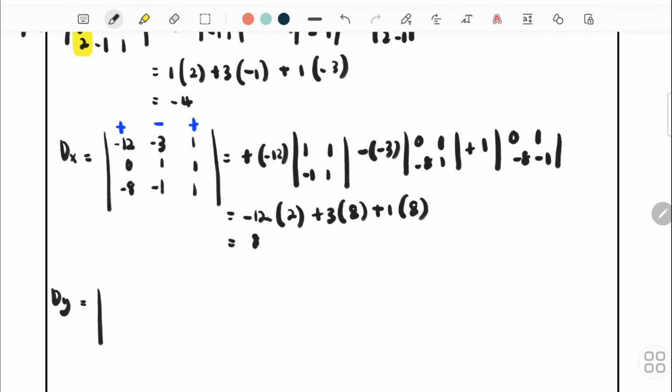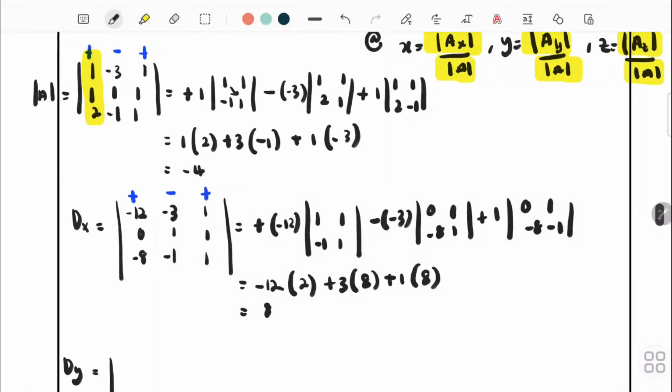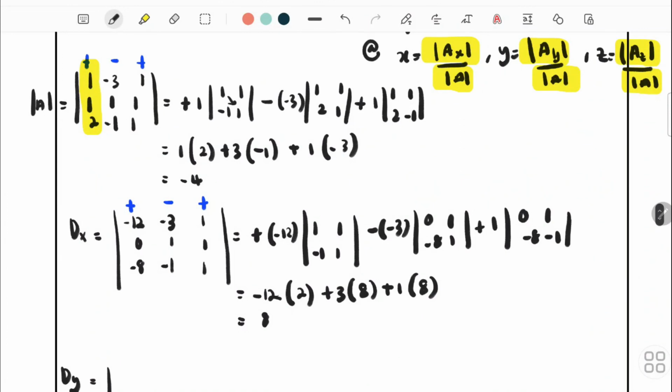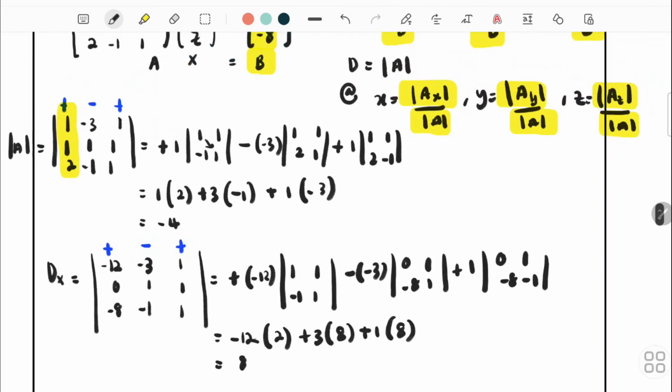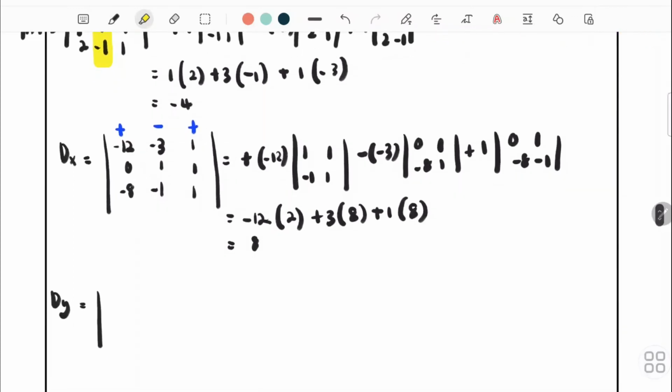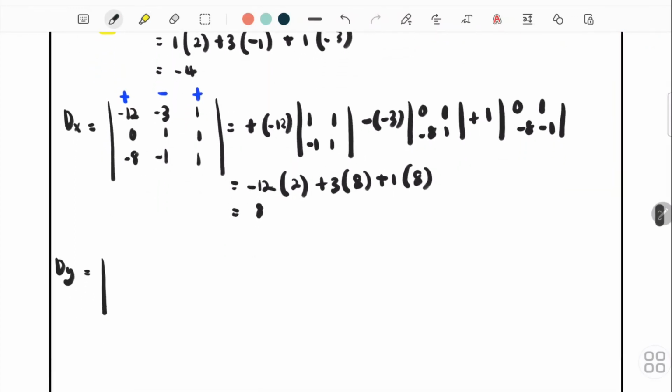Right, D sub Y is the determinant of matrix A by replacing the second column with the matrix B. So here we're going to have the first column the same as matrix A, which is 1, 1, 2.